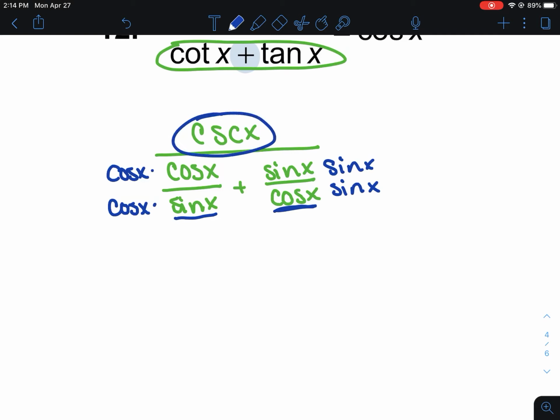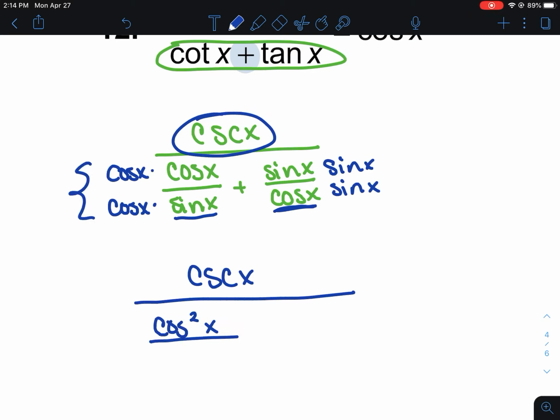Okay, so I'm not changing anything with this cosecant on top yet. This gives me cosine squared x all over cosine x sine x. This gives me sine squared x.